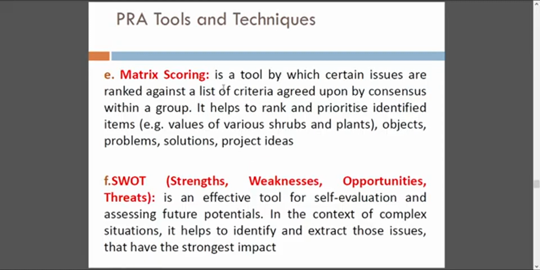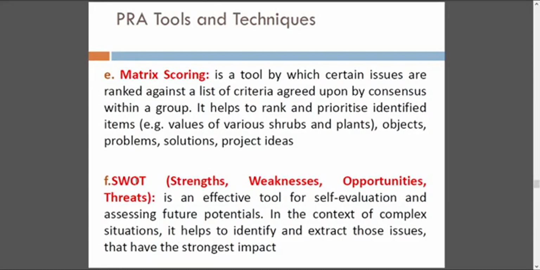So you give a given score to every rank. So the team agrees that for this score, this is what it represents. This score represents this, and then at the end you're able to have the team score the given issues or items. Okay, so if it is problems, you're able to know which one has scored highest and which one has scored lowest by just using ranking.